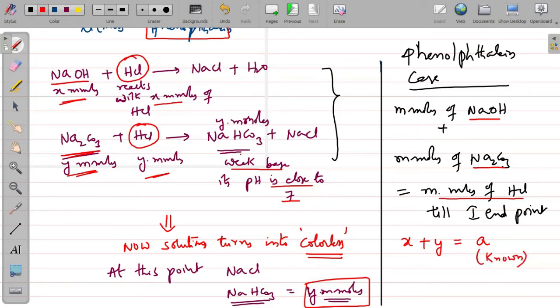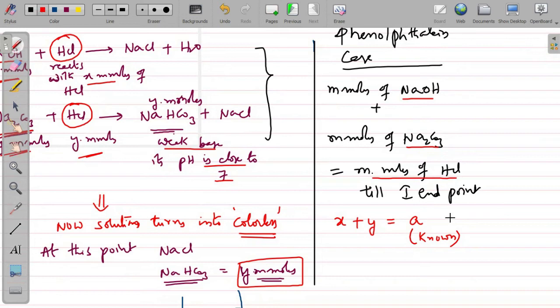Which you can find like this also. Suppose the volume of HCl added from the burette, which you can measure, since the burette has a calibration, so you know how many ml of HCl you have added into the beaker. So this volume, which you can see physically on the burette, into the molarity of the HCl, since you have prepared it, you know its quantity.